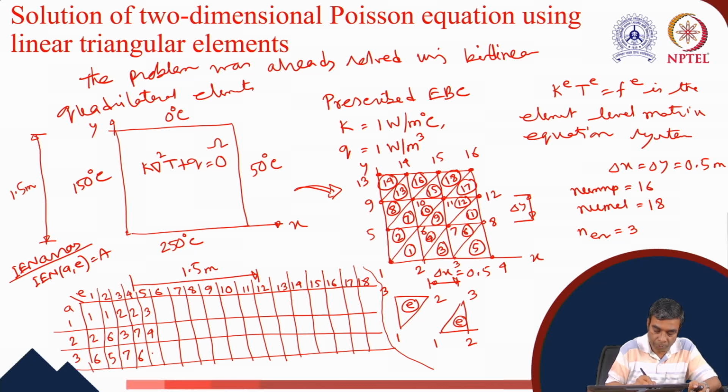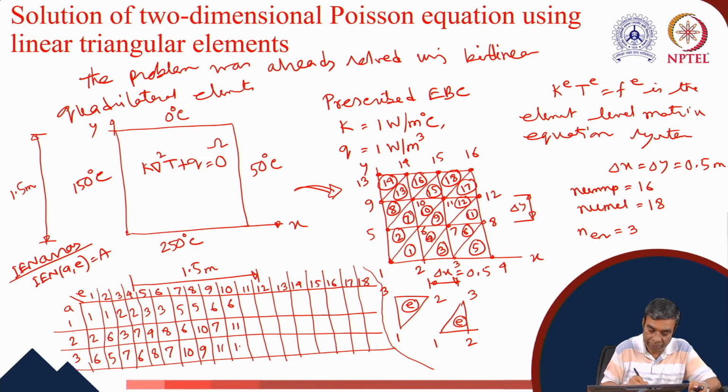For the sixth element, we have 3, 8, 7. For the seventh element, we have 5, 6, 10. For the eighth element, we have 5, 10, 9. For the ninth element, we have 6, 7, 11. For the 10th element, we have 6, 11, 10.